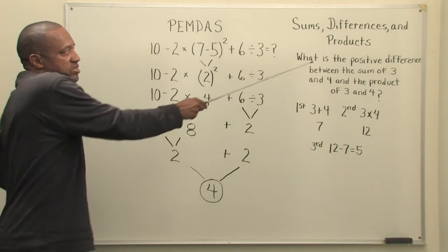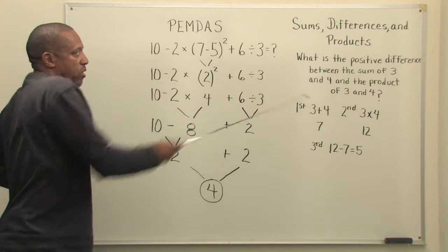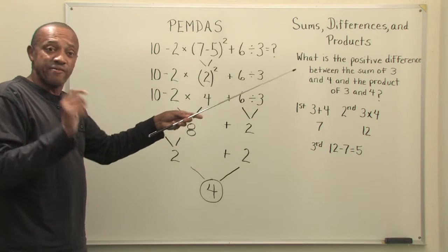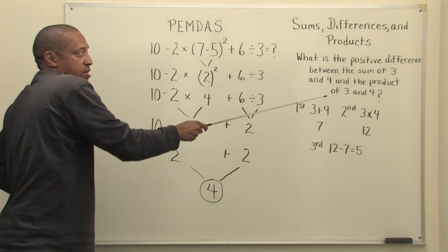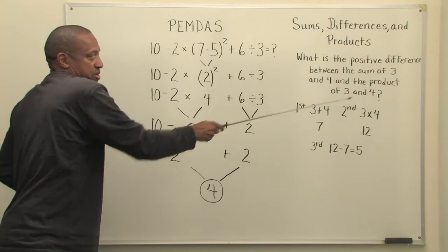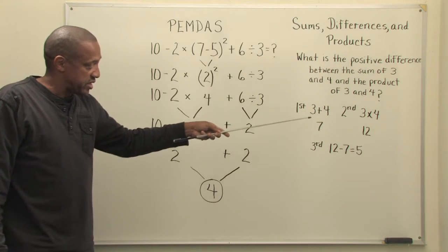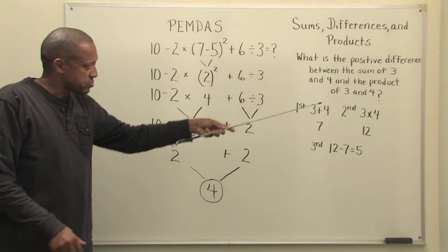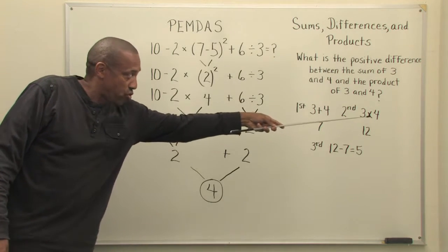Over here it says, what is the positive difference between the sum of 3 and 4 and the product of 3 and 4? To get the positive difference, first you've got to find the sum of 3 and 4 and the product of 3 and 4. So 3 plus 4, sum means plus, 3 plus 4 is 7. Product means times. 3 times 4 is 12.